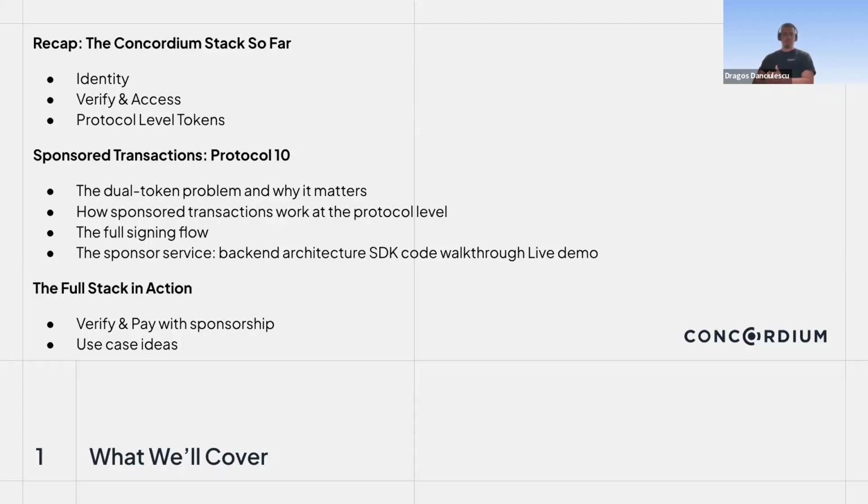Then we'll do a deep dive in sponsored transactions. We'll talk about the dual token problem. We will explain how sponsored transactions work at the protocol level. We'll be showing the full signing flow. And at the end, the sponsor service with a live demo. Finally, we'll be talking about the full stack in action. So I will be showing some use cases, identity verify and pay with sponsorship.